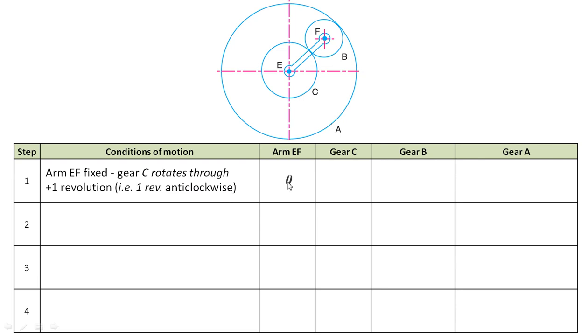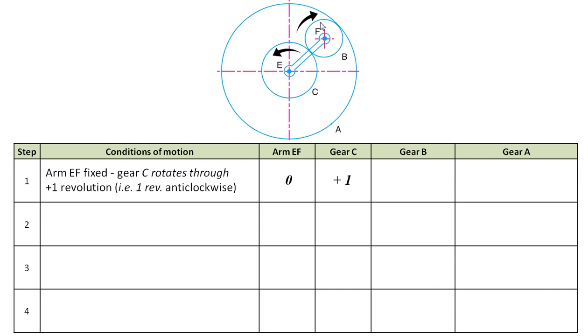So arm is fixed, therefore it is 0. Gear C rotates in anti-clockwise direction for one revolution, therefore gear C will have +1. Further, now as gear C is rotating anti-clockwise and has external teeth, gear B is also having external teeth and is engaged to C, therefore it will go for clockwise rotation.